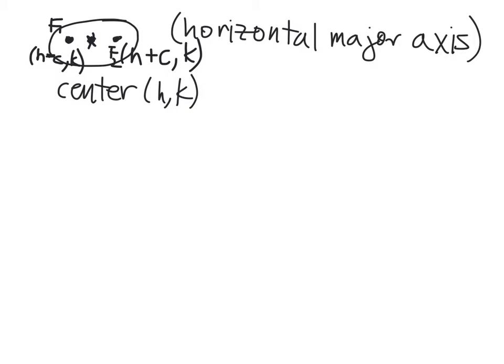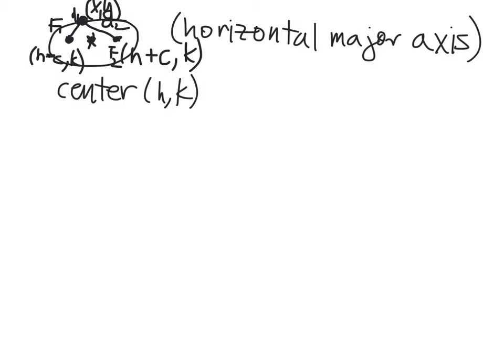So as we look at the definition of the locus of points, a collection of points here, D1 and D2, well, the point on the ellipse will be the general (x, y). That'll be the variables in our equation.